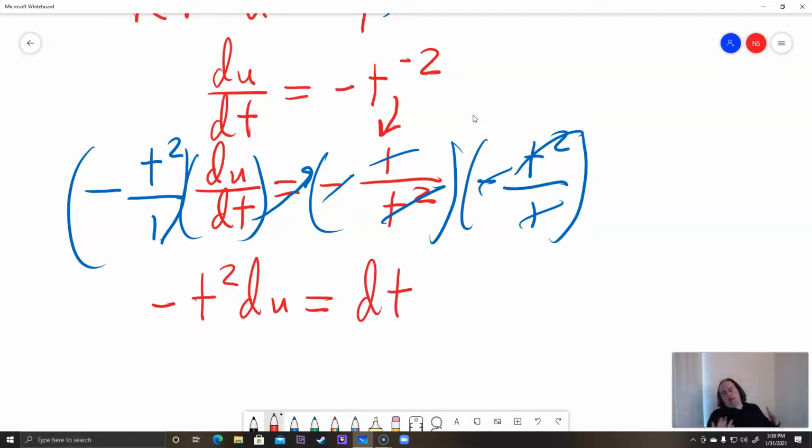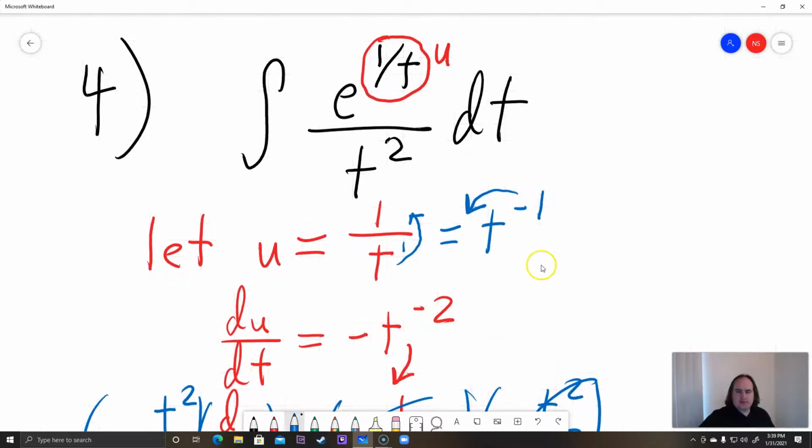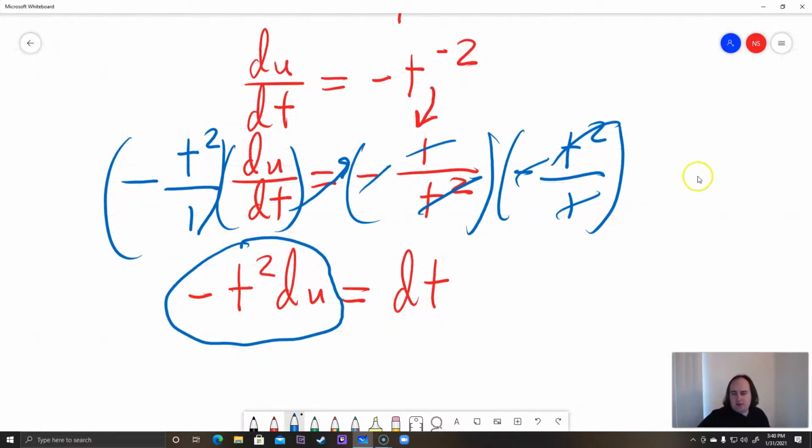And I'm trying to write out all the algebra. You don't have to write out that much algebra. A lot of people can do a lot of these steps in their head. I just want the lecture to be clear. Now we can plug in this negative t squared du for our dt up in the original integral. So we're going to replace this dt with negative t squared du.